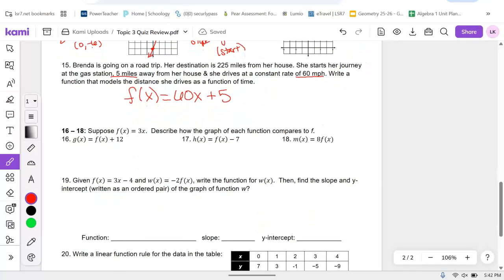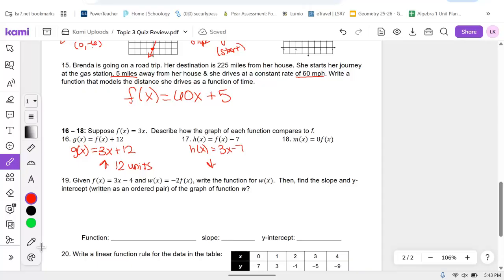16 through 18, you're just describing how the graph of each function compares to f, where f of x equals 3x. So really this is just saying g of x equals 3x plus 12. That means the graph is going up 12 units. h of x equals 3x minus 7.